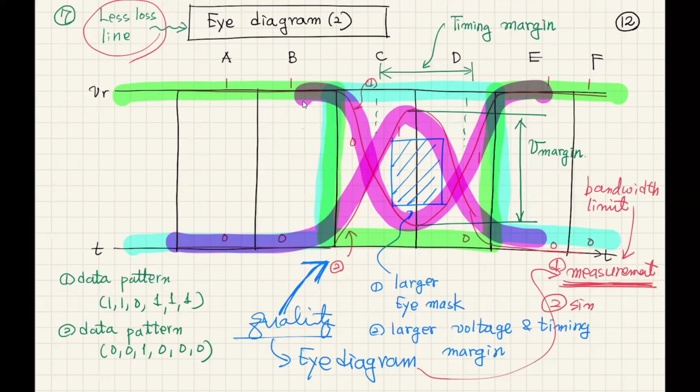Second is simulation. In order to simulate the I-diagram well, you have to have very clear, high frequency models of your interconnection, as well as your I/O circuits. Your interconnection starts from your chip, package, PCB, socket, daughter board, and motherboard, and there are many interconnection levels between transmitter and receiver.